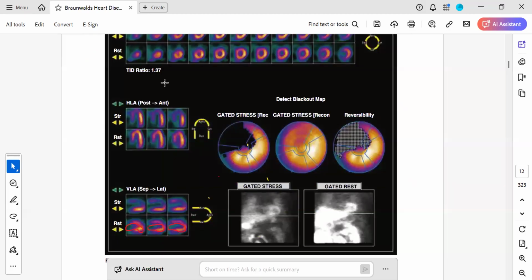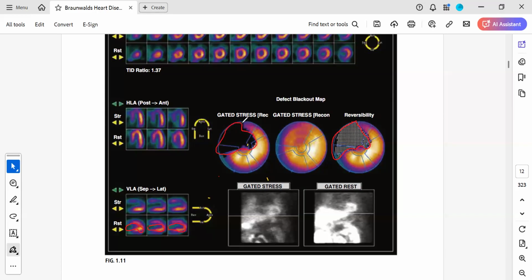Using these three round images, the middle segment towards the right, the polar map is usually a semi-quantitative segmental scoring system, also called the blackout map, where any location with perfusion values below the normal values are marked as black.